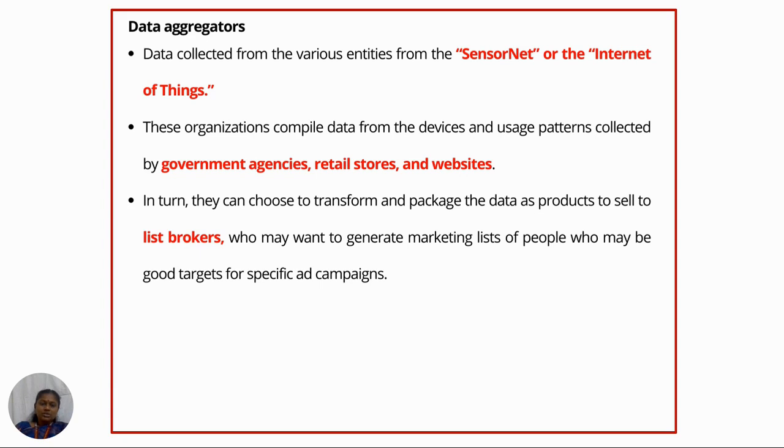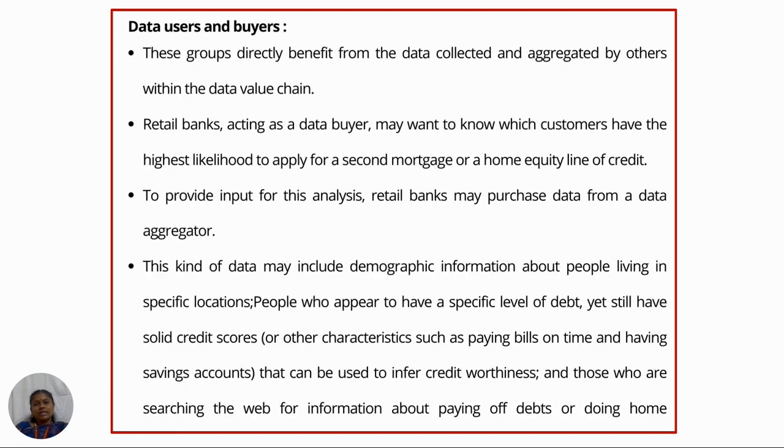In addition to all those things, nowadays in the online society and e-commerce industry, they have a list of brokers available. They have marketing trends to reach the product to the end user, so that they can reach a good target. And there are data users and buyers. There are different groups of collector data users, and they are aggregating the data.